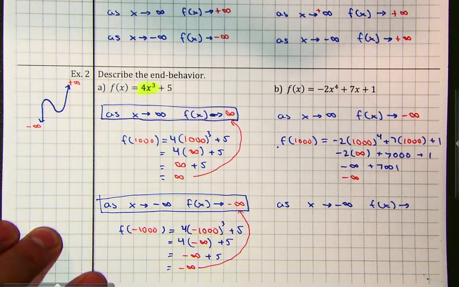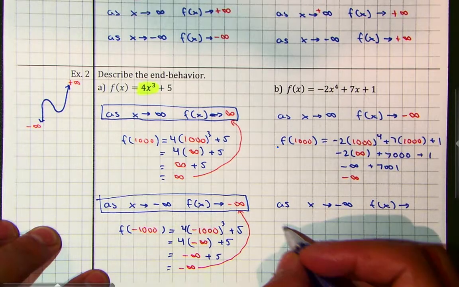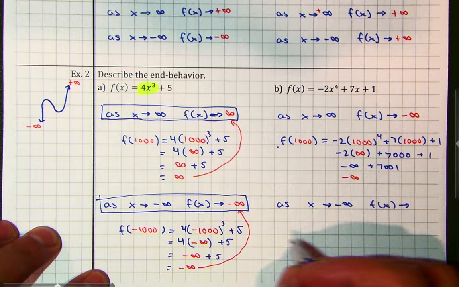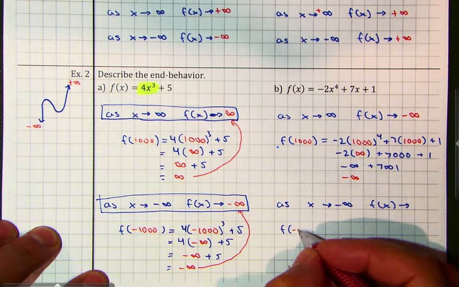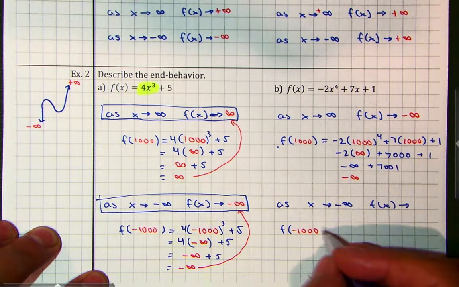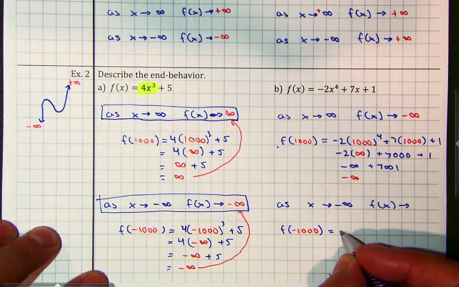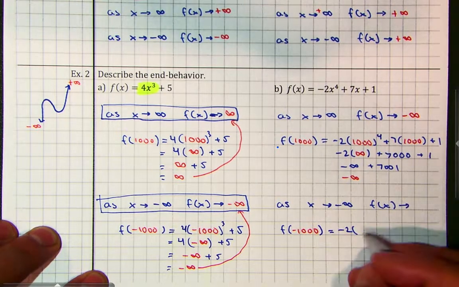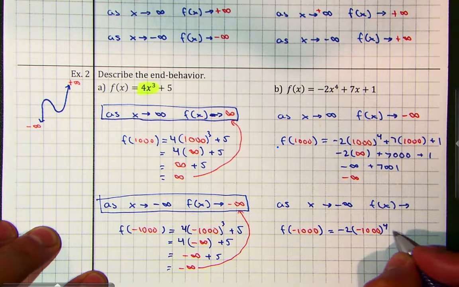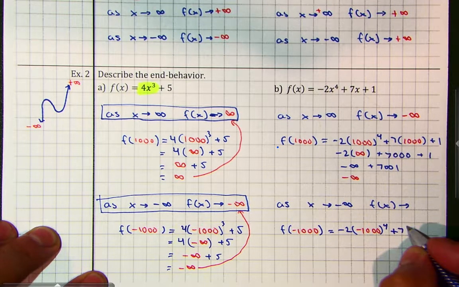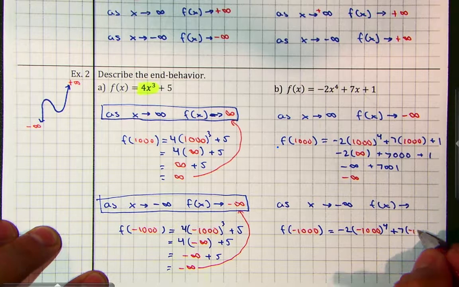And we'll be doing the same thing for here. We are going to plug in a huge negative number, so it's going to be negative 1,000. And this will be equal to negative 2 times negative 1,000 to the 4th power plus 7 times negative 1,000 plus 1.